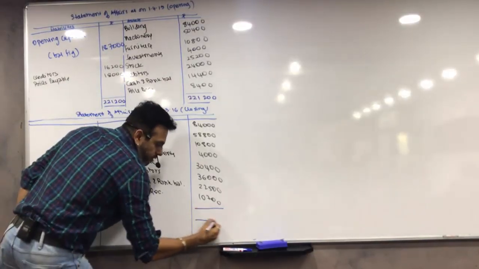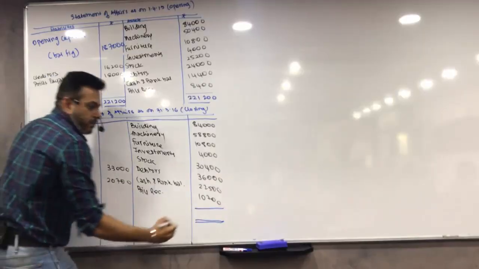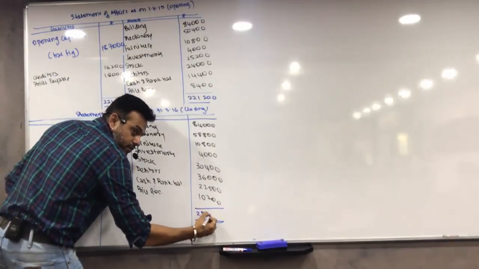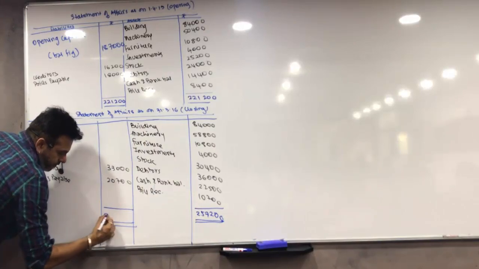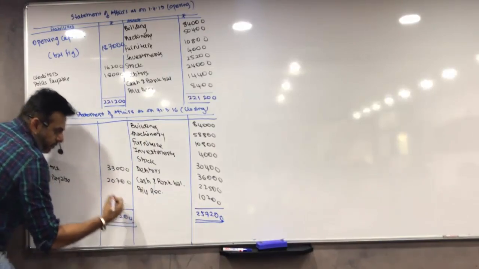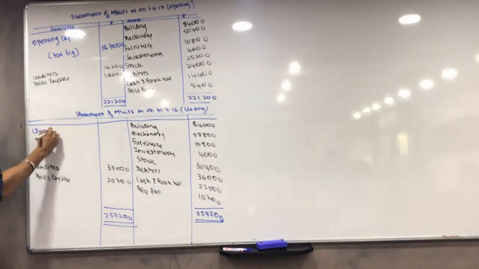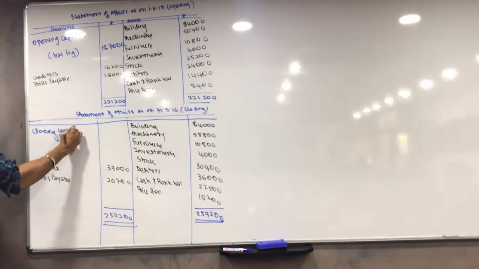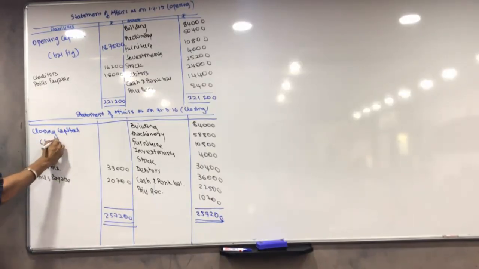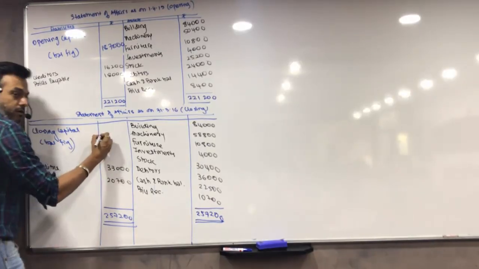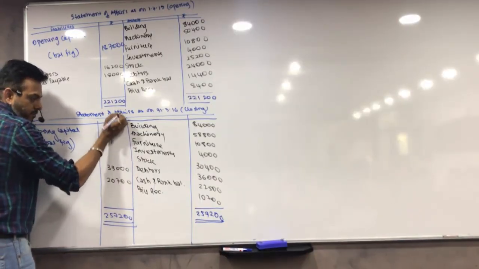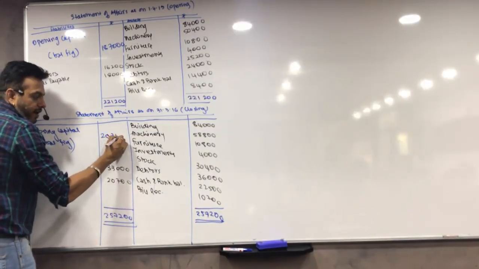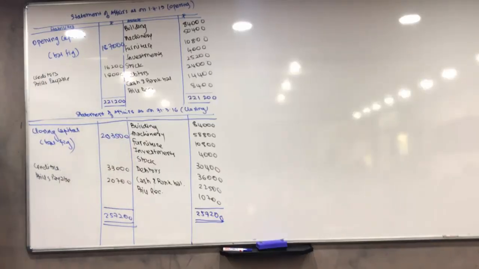What's the total over here? 257200. Closing capital, balancing figure, 203,500. Okay, now everything is done up to here.